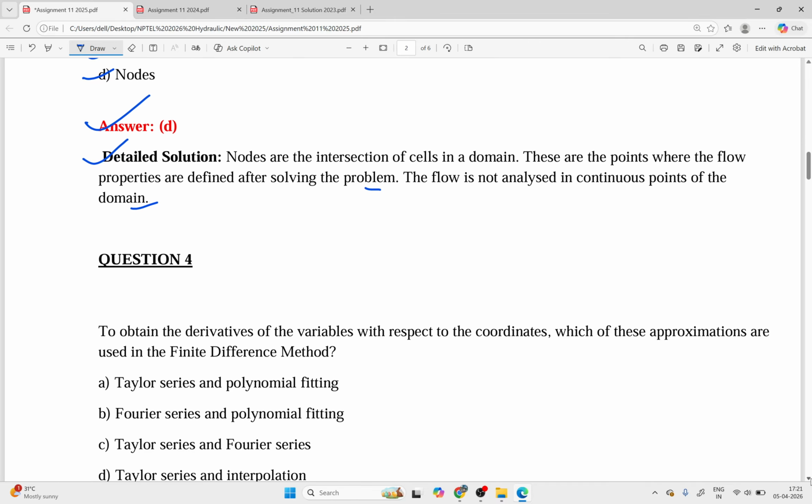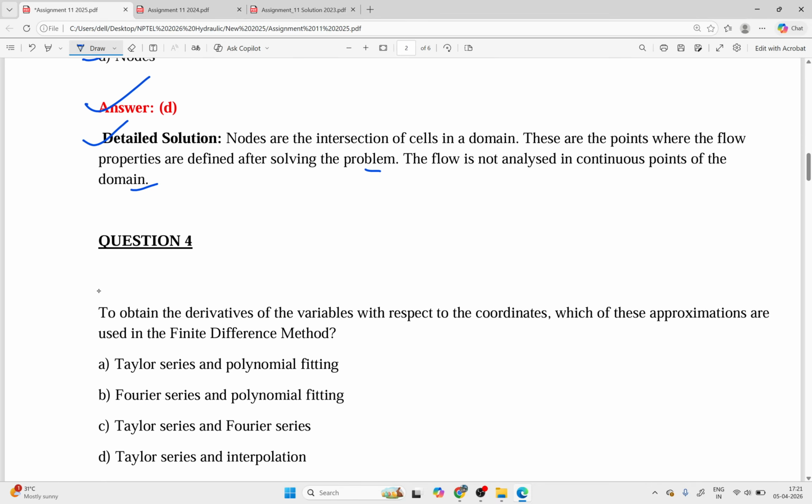A very fundamental question again. Question number 4. To obtain the derivative of a variable with respect to the coordinates, which of these approximations are used in the finite difference method? Taylor series and polynomial fitting, Fourier series and polynomial fitting, Taylor series and Fourier series, Taylor series and interpolation.